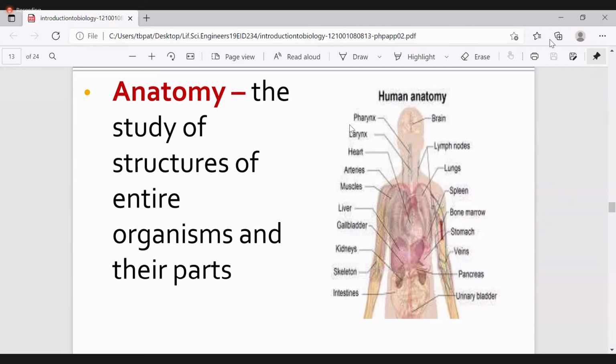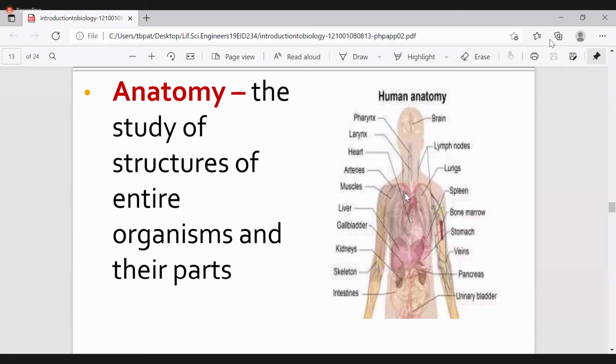Next is the throat study, and the oral part, of course the mouth part. These are all human anatomy.